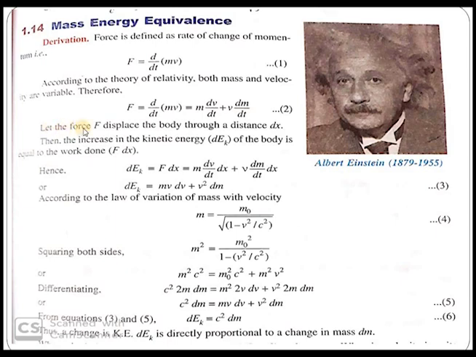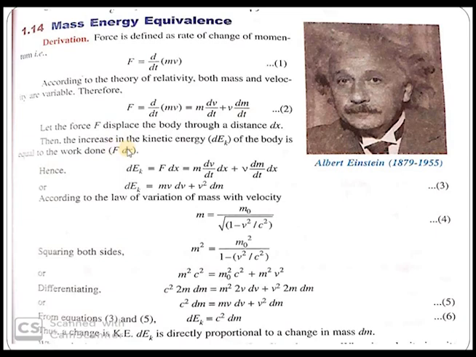Hopefully. And what happens is that this force displaces a body through a distance dx. Then the increase in the kinetic energy dEk of the body is equal to the work done. When application of force produces a displacement, naturally there will be work done, and work done is force into displacement, here F into dx.